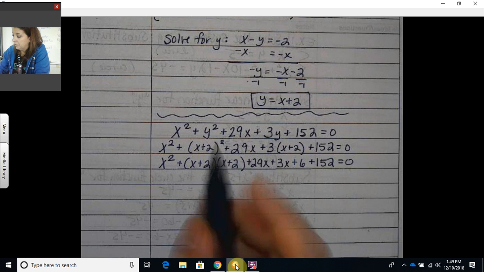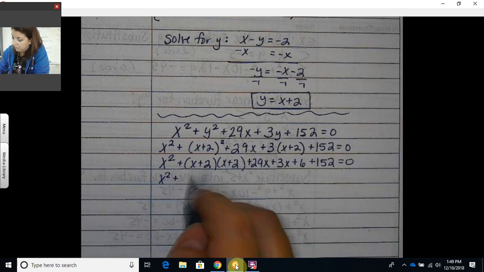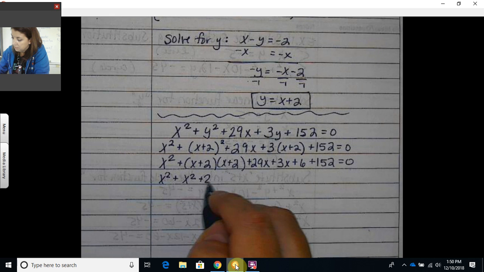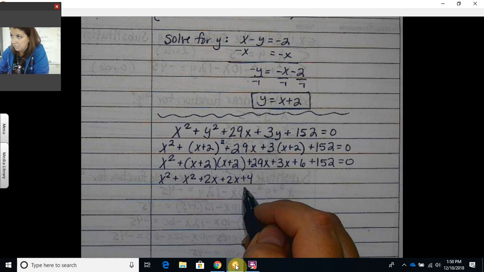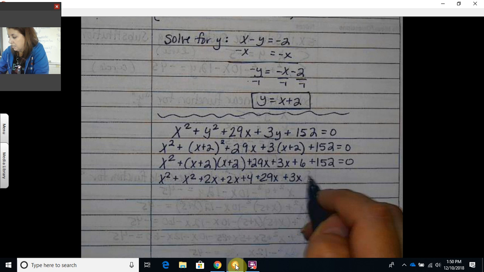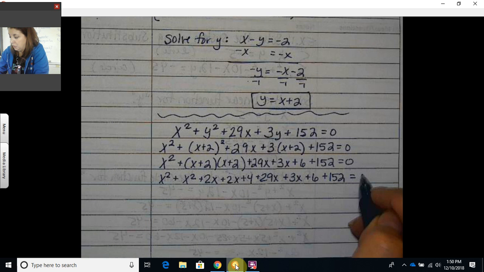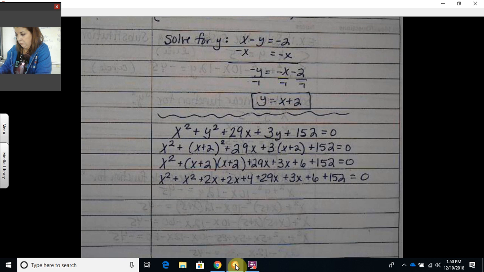So I have x squared plus x squared plus 2x plus 2x plus 4. So that got rid of the parentheses, and everything else I'm just going to bring down for now. Plus 29x plus 3x plus 6 plus 152 equals 0. Now what do we do? Combine like terms.